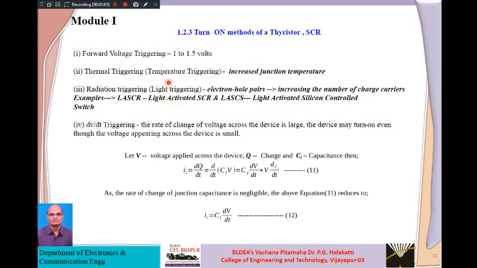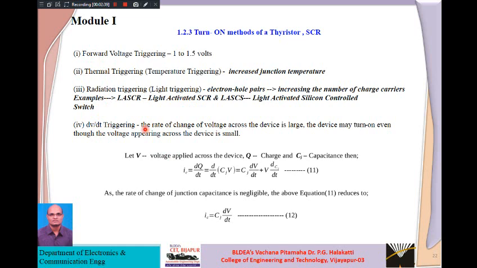Similarly, we can use thermal or temperature triggering, where the rise in junction temperature leads to the avalanche effect, because J1 and J2 are forward biased and J3 is reverse biased, so we are focusing on the reverse biased junction J3. Similarly, we try to increase the electron-hole pair numbers with the help of radiation or light triggering.